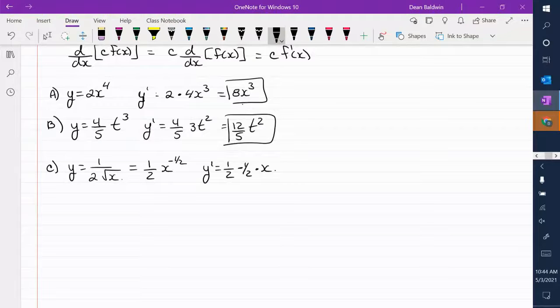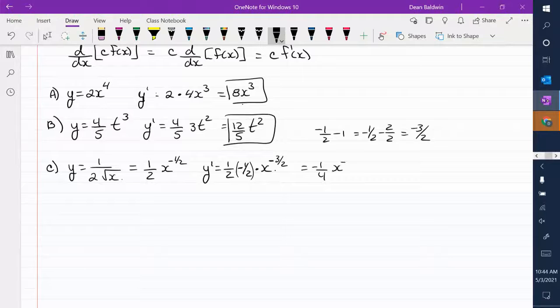I think I heard the right answer somewhere. Negative 3/2. Right? Because it's negative 1/2 minus 1. What's positive 1/2 times negative 1/2? So I get negative 1/4.